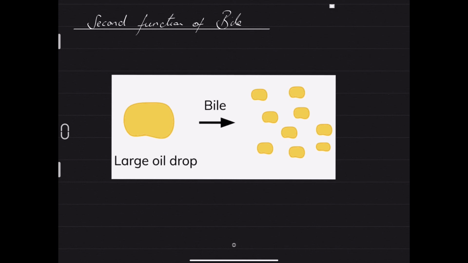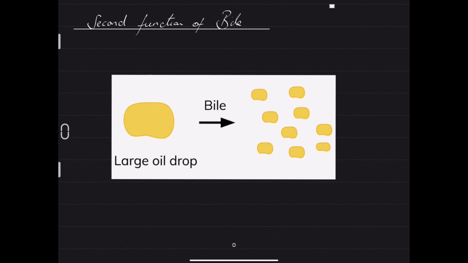Therefore, we need to get the large fat molecules into smaller ones. Now, yes, the lipase enzymes do break down the fat molecules. However, when we consume fats, they are too large for the enzymes to work effectively. So what happens in essence is that we have bile being used.